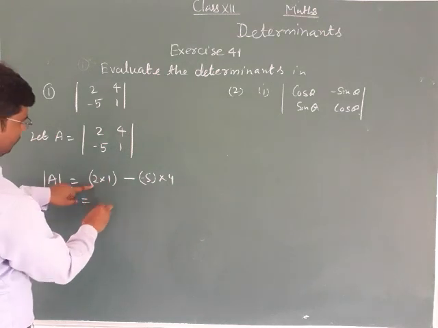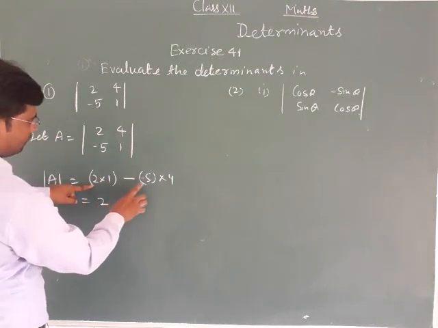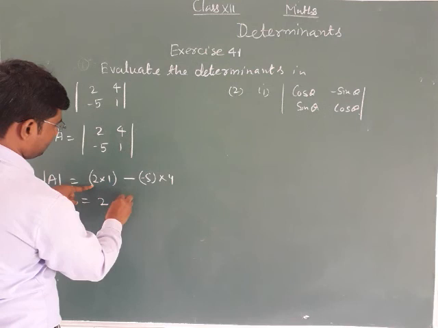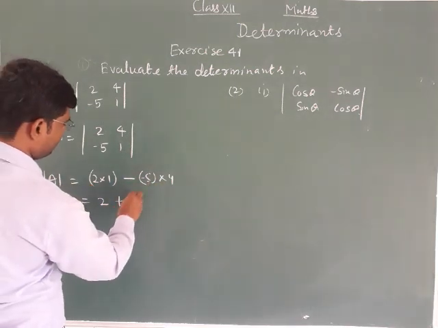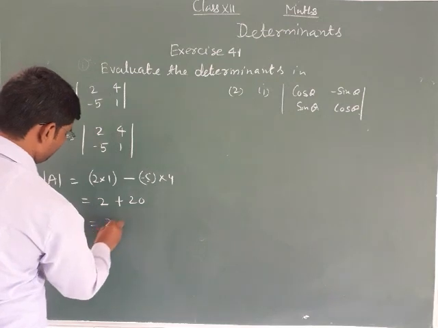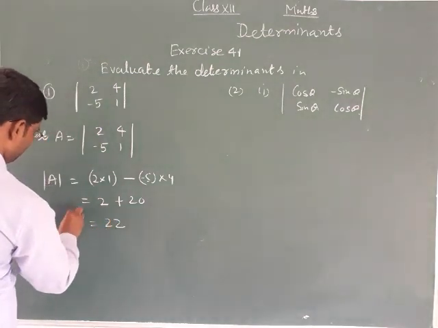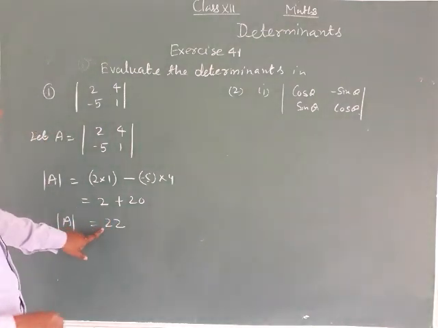Minus into minus is plus, so it is 2 plus 20, which is 22. So determinant of A is 22.